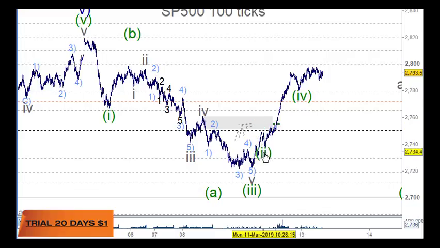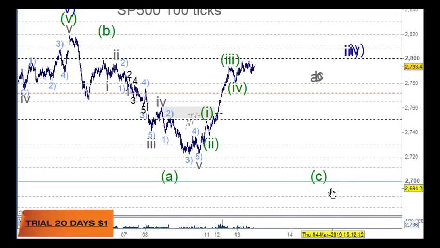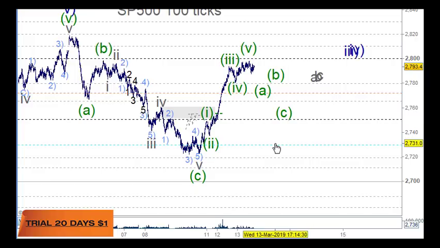Let me just rearrange this. So an ABC here, and then 1, 2, 3, 4. I'm not sure where my 5th wave has gone, but we'll just copy that one, and wave 5 here. Now, because of 5 waves up, we get an ABC back here again.